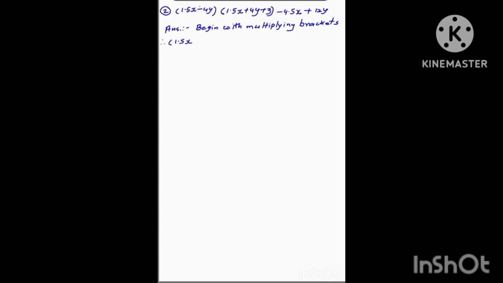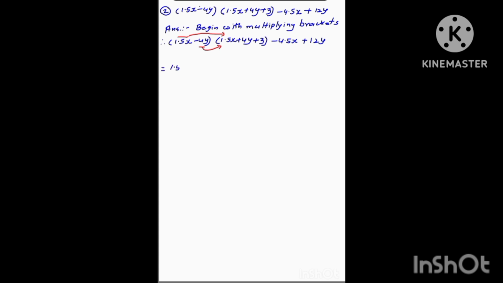Just see, we are just carrying it out. 1.5x minus 4y into bracket 1.5x plus 4y plus 3, and carry out the other terms as it is. Now try to solve only the bracket. The first term into the whole bracket and the second term into the whole bracket.